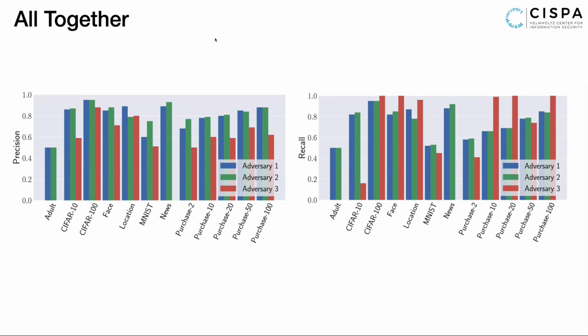The left figure is the precision, the right figure is the recall of the attack. You can see attack 1 and 2 perform similarly. Attack 3 seems a bit weak on precision, but has a quite high recall. If you further tweak the threshold of attack 3, you should be able to achieve similar results among these 3 attacks.